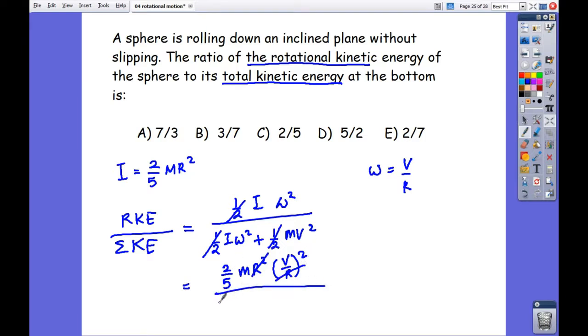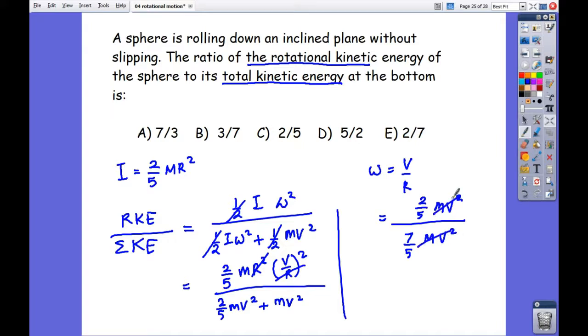So we have 2/5 mv squared over 2/5 mv squared plus mv squared, which is 2/5 mv squared over 7/5 mv squared. Cancel, so we have 2/7.